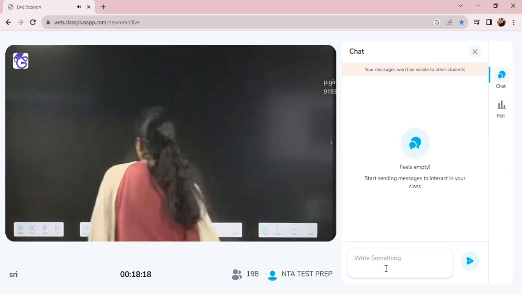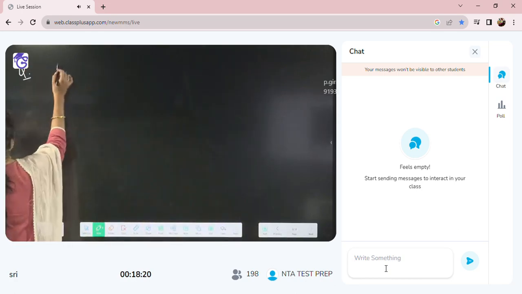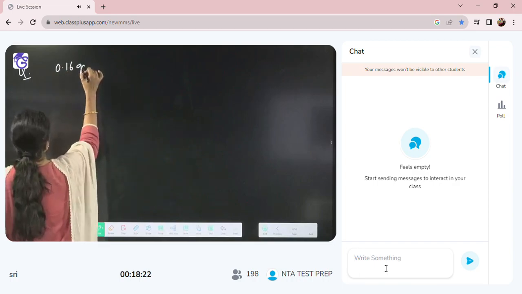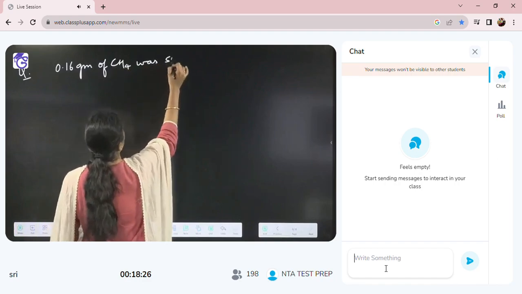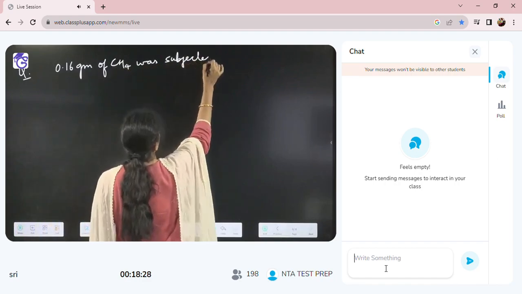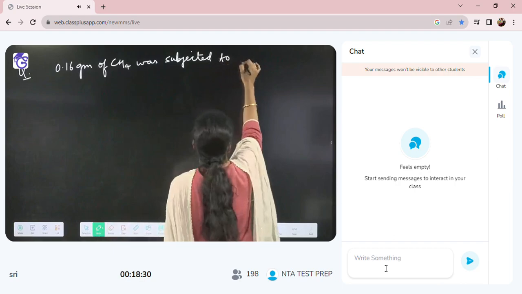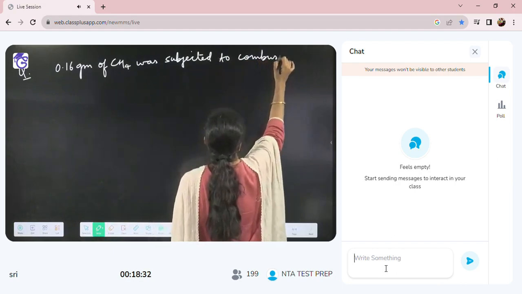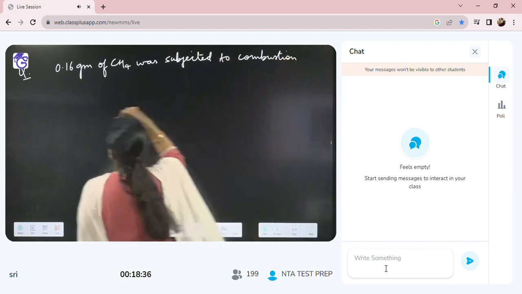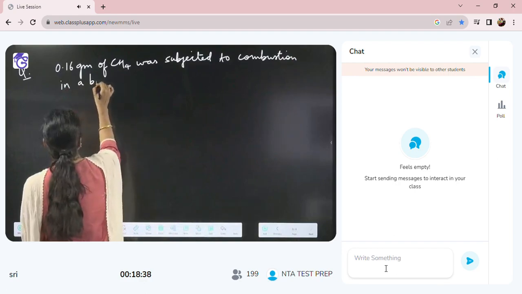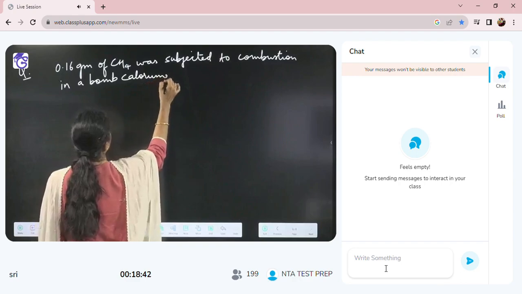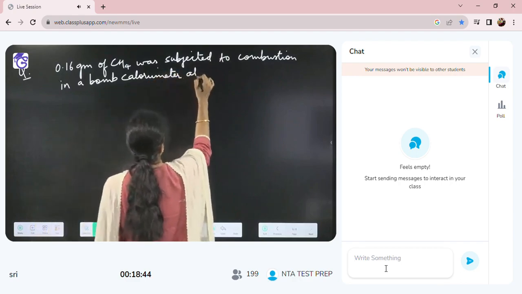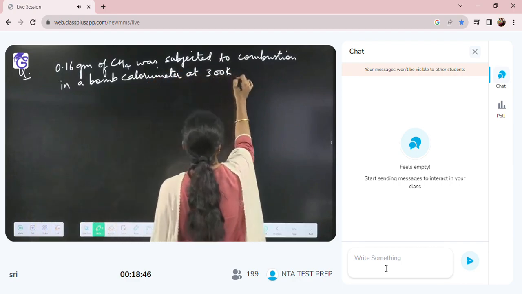Okay, now let us go for a question here. I am giving you 0.16 gram of methane subjected to combustion in a bomb calorimeter at 300 Kelvin.